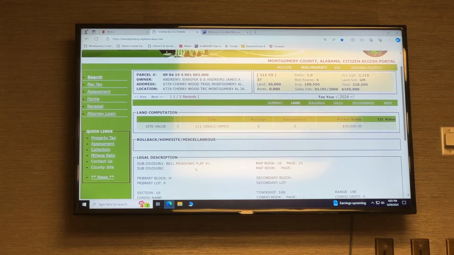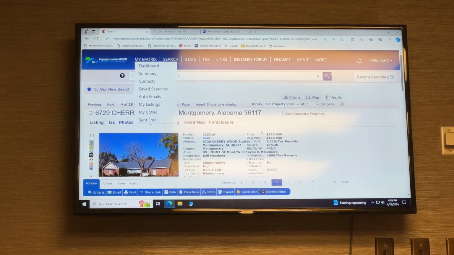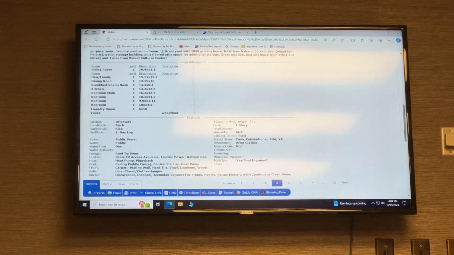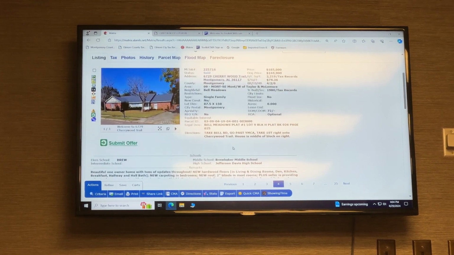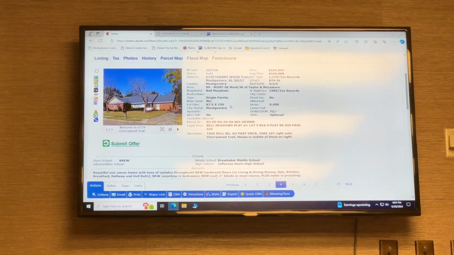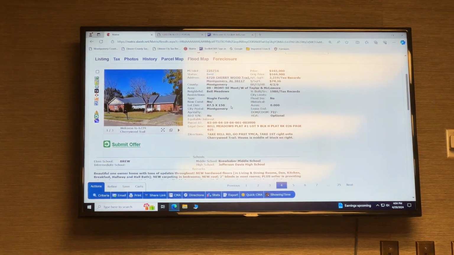So two ways to get the information. You get more information from the old listing, because the old listing is going to show you bedrooms and baths. It should give you lot size. There's your lot size. Normally, that's not very important when you're talking about residential subdivisions.